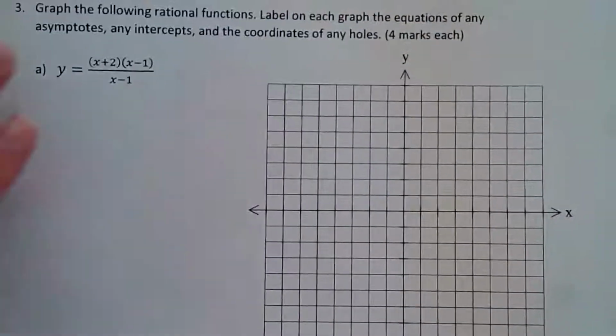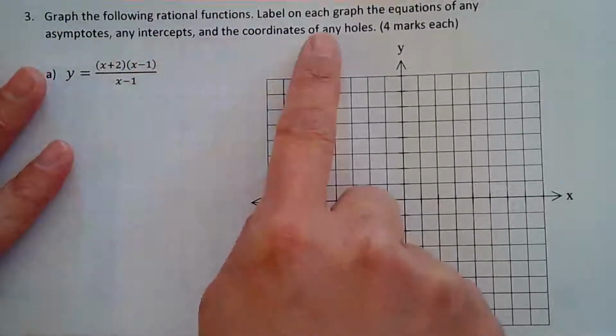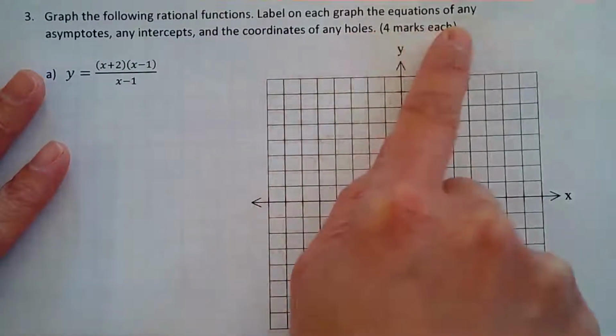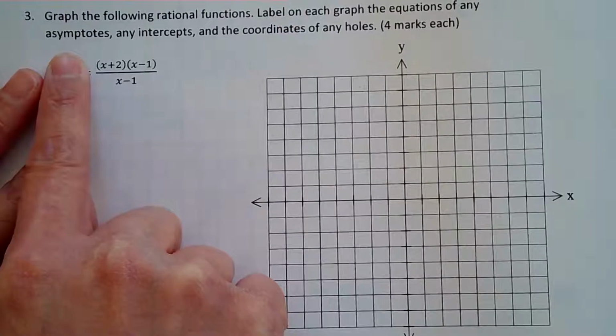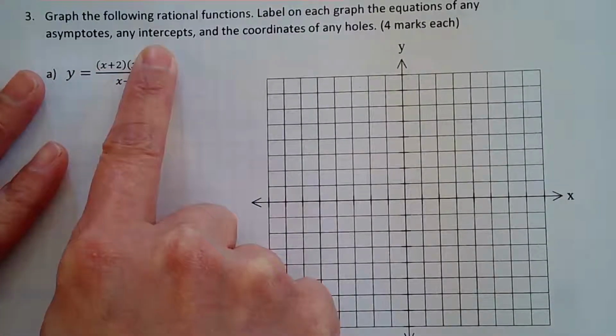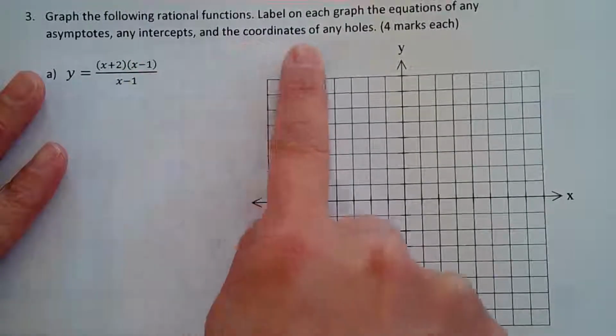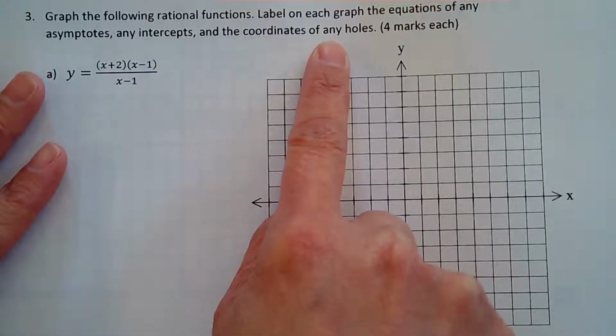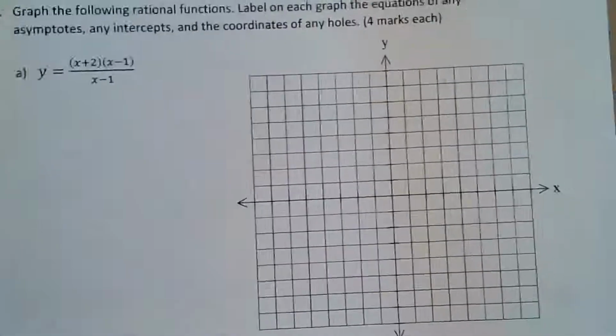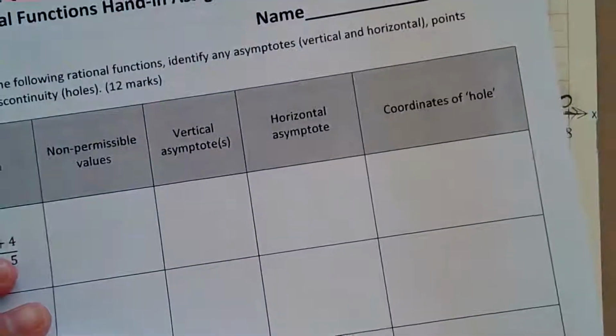So important things in here. Graph the following functions. Label on each graph the equation of any asymptote. You've got to label the asymptote. Any x-intercepts and y-intercepts, if they have them. And then coordinates of any hole.